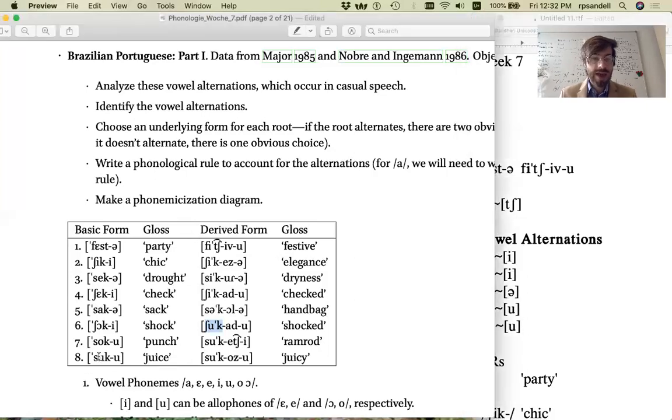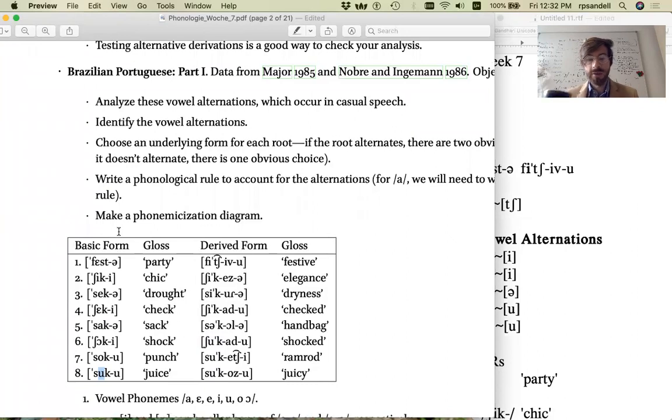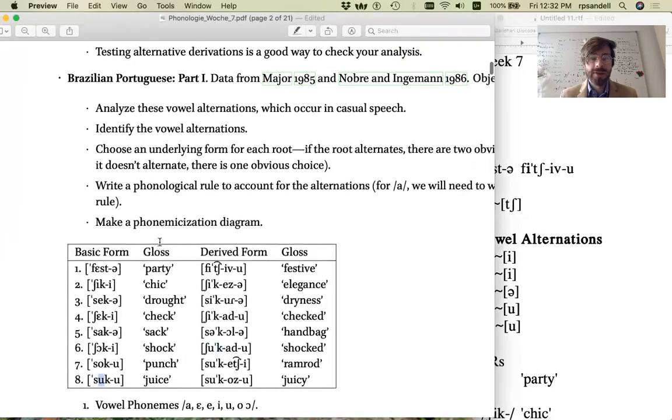And finally, 8 shows that if there's a vowel u in the base form, it doesn't change in the derived form. Now the thing we can observe about the vowels in the derived forms is that in the stressed syllable in the derived forms, we have a full range of vowels.